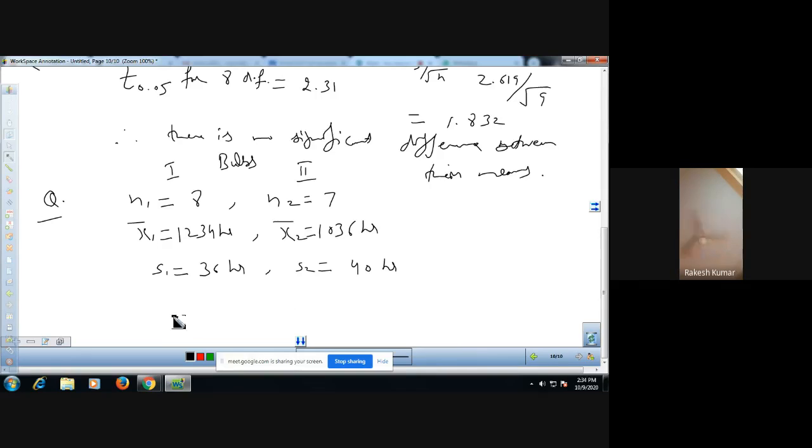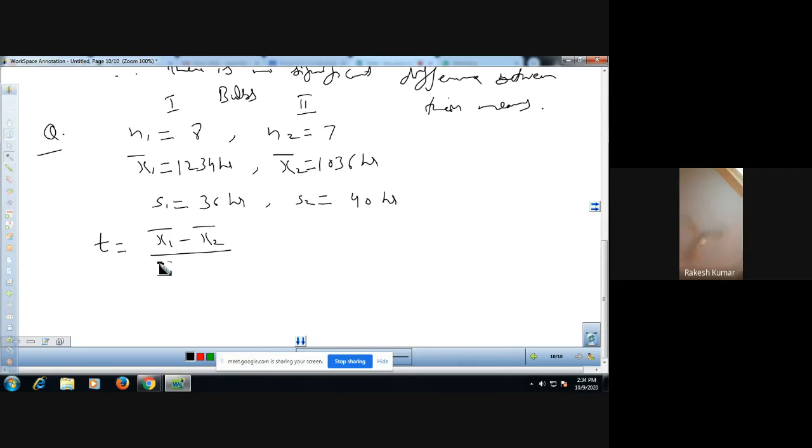Now, there is the t-test, but this t-test is a little different. That is x1 bar minus x2 bar, divided by S times the square root of 1 over n1 plus 1 over n2. This is the formula we have to apply.